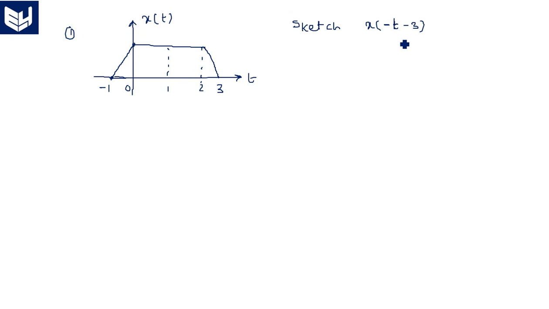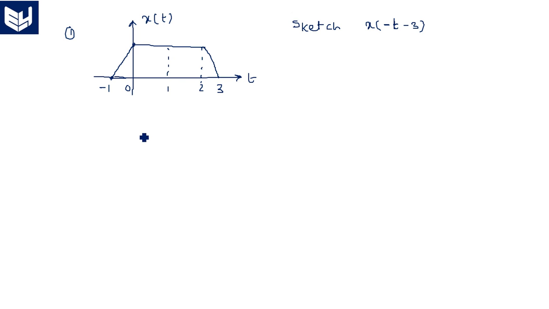If the polarities are different, that means t minus 3 or minus t plus 3, then the shifting is always in the right hand side.